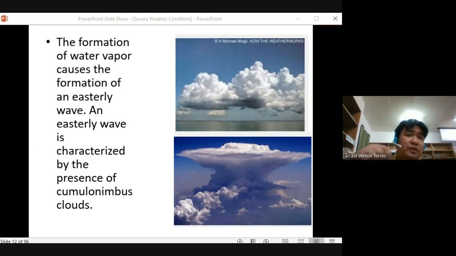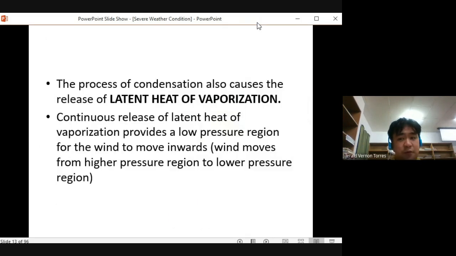So yung converging wind nyo, linift up yung water vapor nyo to form this cumulonimbus cloud through the process of condensation. And later on, this easterly wave can develop. Pero it would depend on the condition.